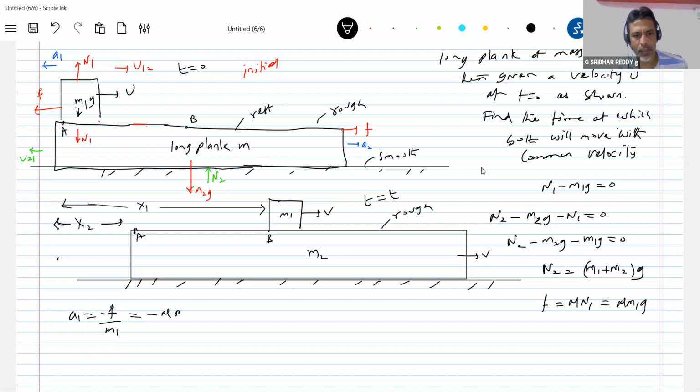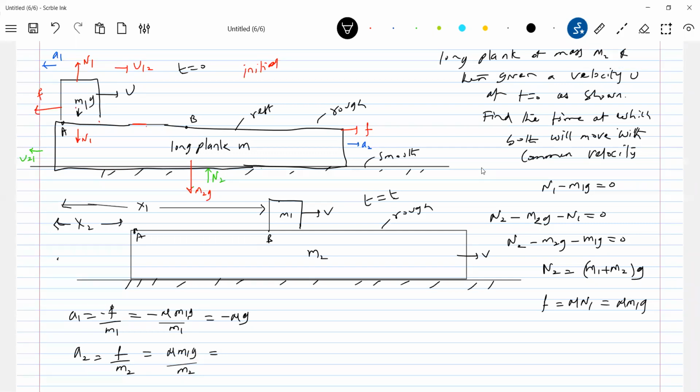So substituting this, mu M1G by M1, A1 is equal to minus mu G. What about acceleration A2? F by M2, which is equal to mu M1G by M2.